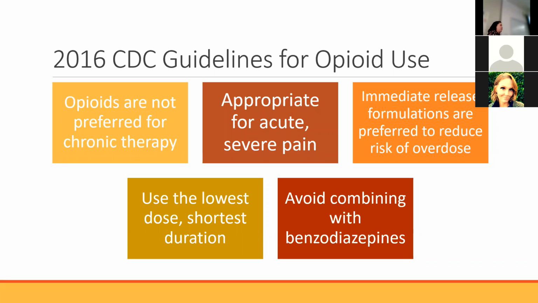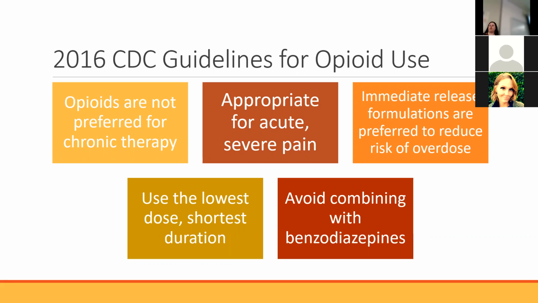Guidelines for opioid use don't really change much, but opioids are not preferred for chronic therapy. They're perfectly fine for acute and severe pain. Immediate release is preferred because of the risk of overdose. Longer-acting products can be taken in very high doses, so too many can more easily be taken at a time and actually reach those very high doses that are dangerous, as well as the ability to potentially alter the formulation, so a long-acting product ends up being a whole lot in a very short-acting form.